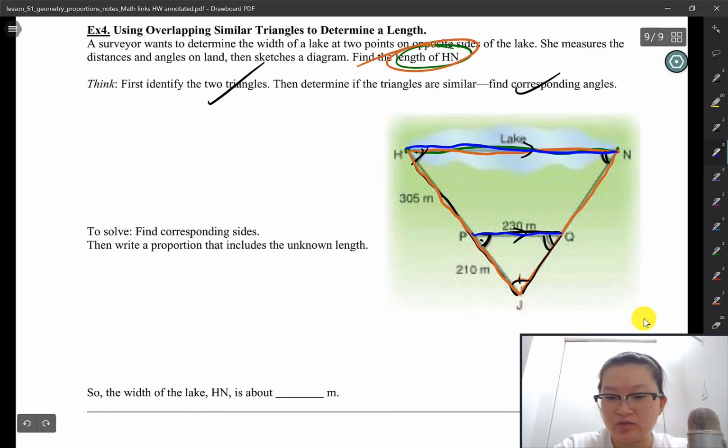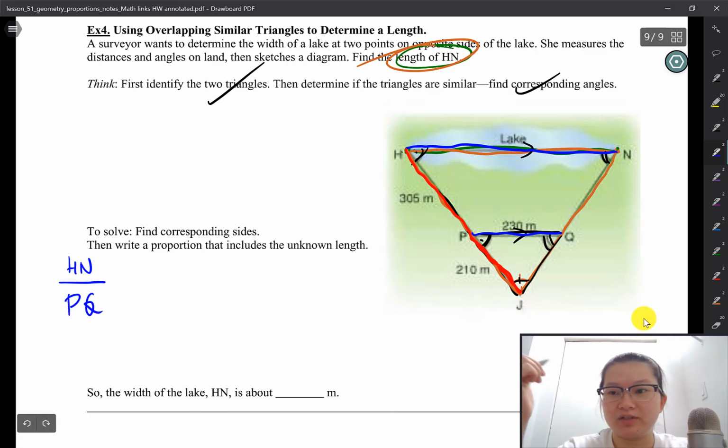And that's going to be this one here. It's going to be this side for the smaller triangle, and then it's going to be this entire length for the bigger triangle. If we write a ratio for these two sides in order to figure out the width of the lake, it will look like this. The lake is the one we're interested in, so that's side HN, divided by the smaller side, which is PQ.